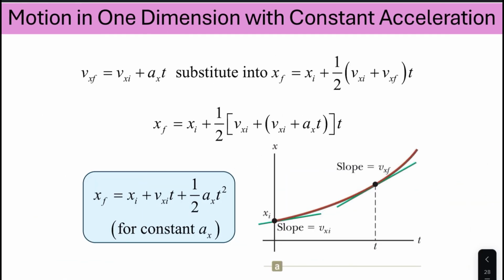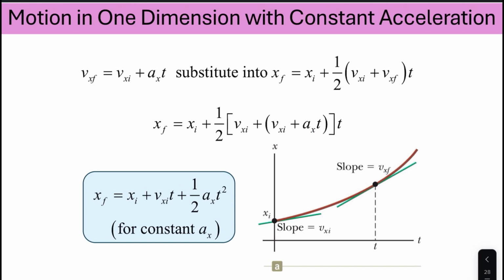Next, we have this equation, the one that is very famous to you all: V final equals V initial plus at. If we want to substitute this into the formula of delta x just now, we substitute V final with V initial plus at.